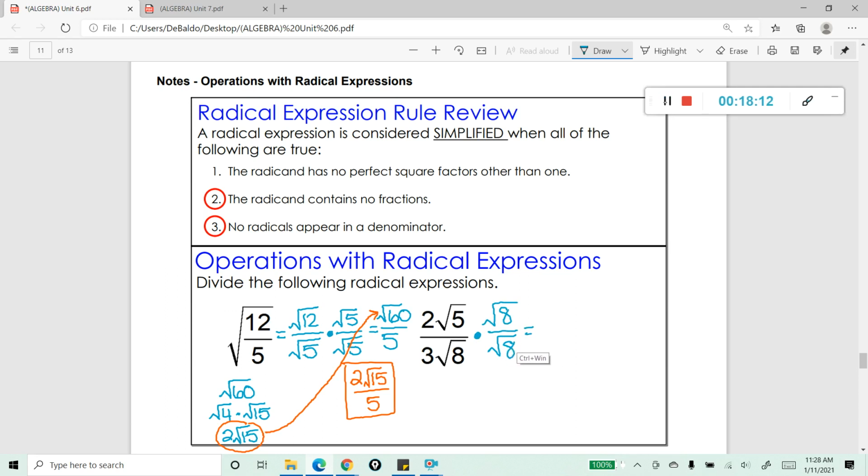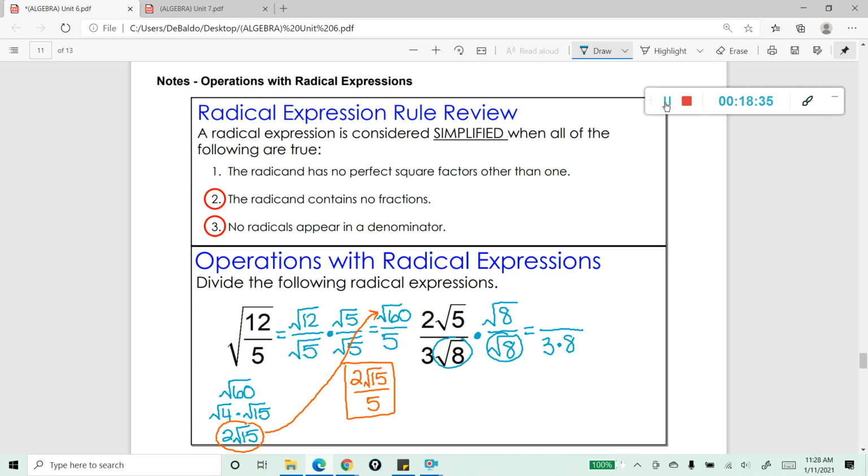Now, I personally like to start with my denominators because I like to see them eliminate. So the root 8 and the root 8, guess what? They're going to turn into 8, right? So our denominator is now going to be 3 times 8.